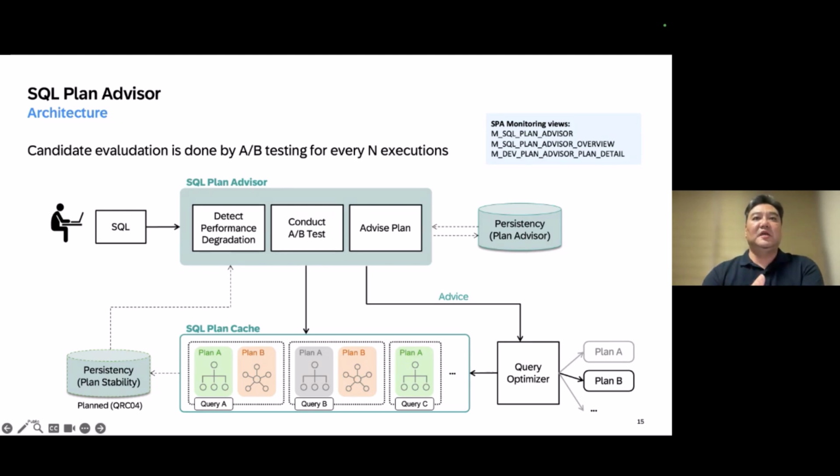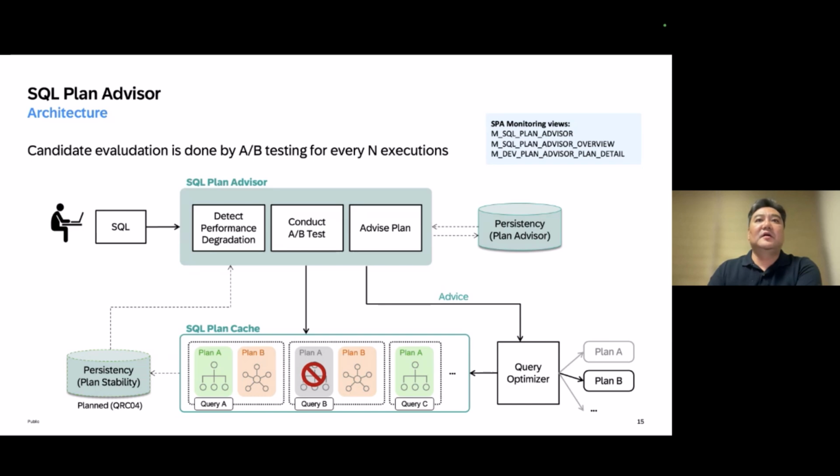Internally, we conduct the A/B test for every execution and then provide a proposal of which plan is better. As I mentioned, with QRC04 we will utilize plan stability in a future release, so we can also compare HEX versus a newer version of HEX.